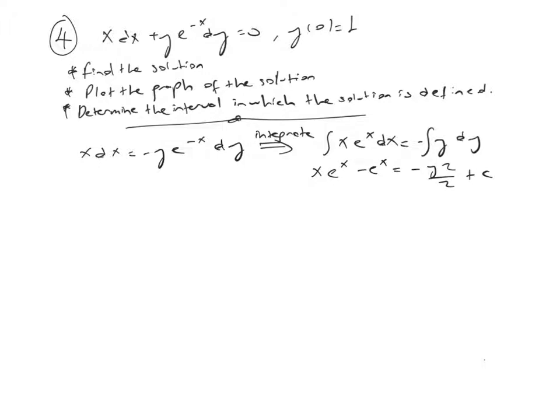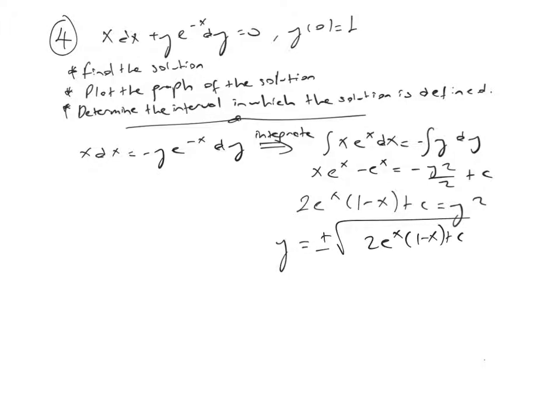If we write this equation in a more tidy way, we get 2e to the x (1 minus x) plus c is equal to y squared, and from here y is equal to plus or minus square root of 2e to the x (1 minus x) plus c.